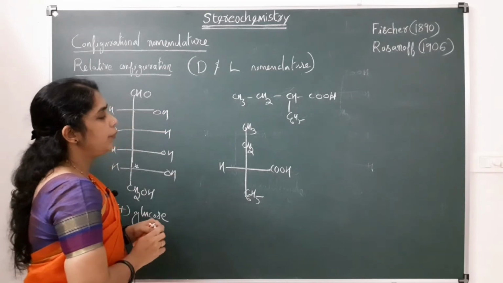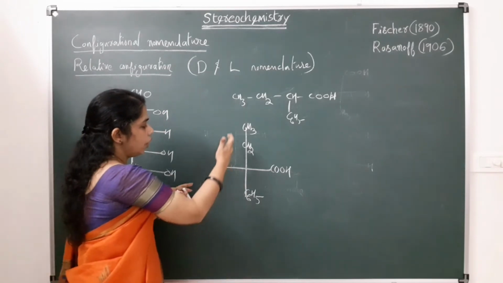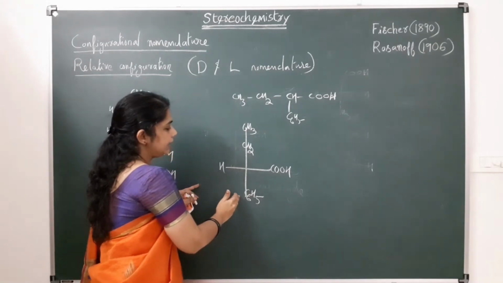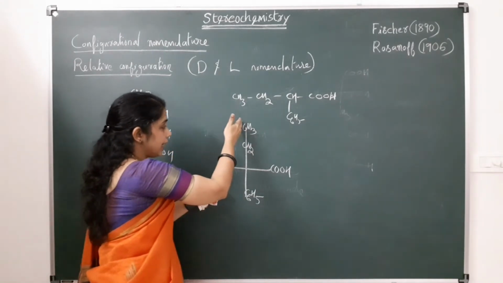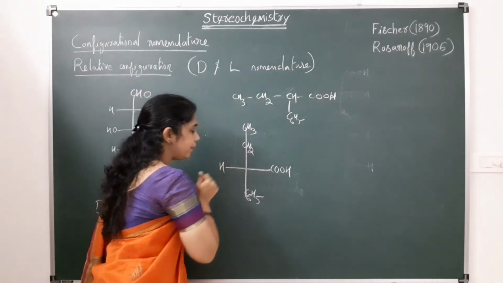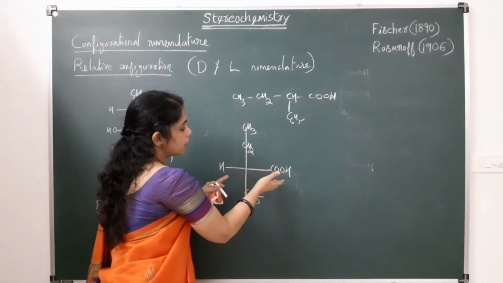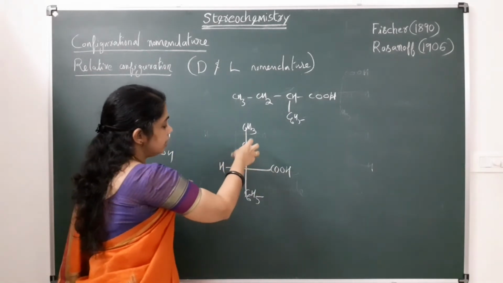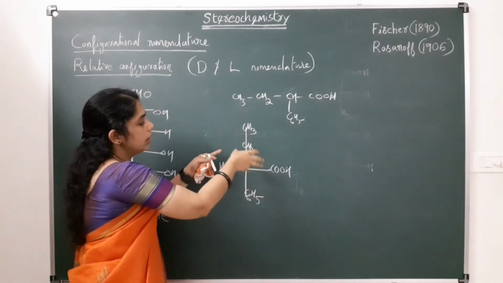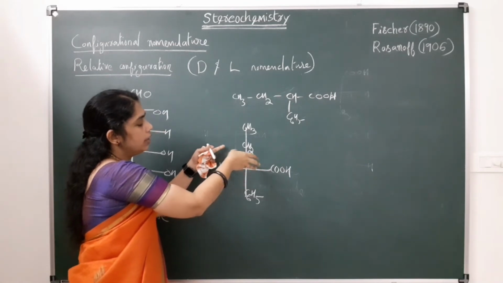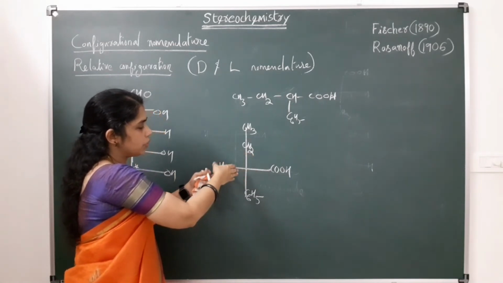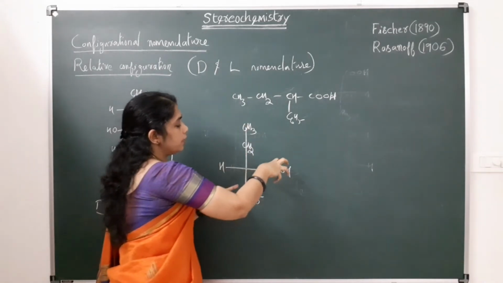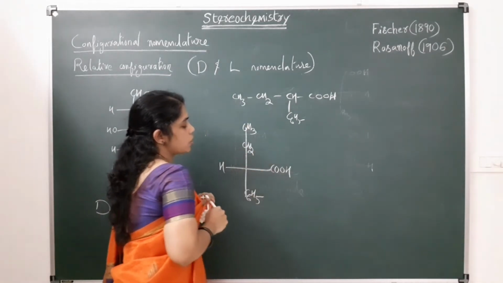This is 2-phenyl butanoic acid, and here also we write with the longest chain on the vertical line, but here the COOH group is on the left side, it is not on the top. So in this type of molecule, both situations came together: we have to bother about the longest chain, and at the same time about the most oxidizable group.